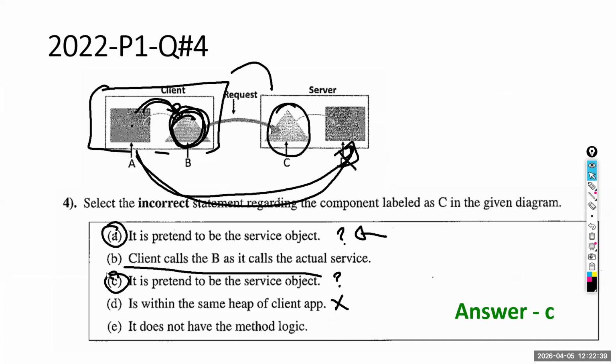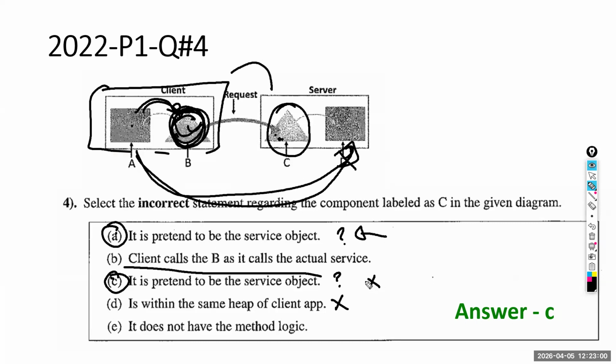Anyway, the examiner's argument is also like that. But anyway, if C is the answer, A is also the answer. So the examiner's argument is that this pretends to be the server rather than this. So therefore, the examiner says C is wrong.